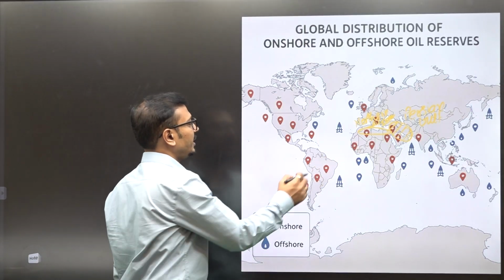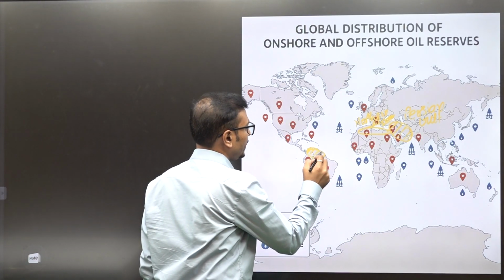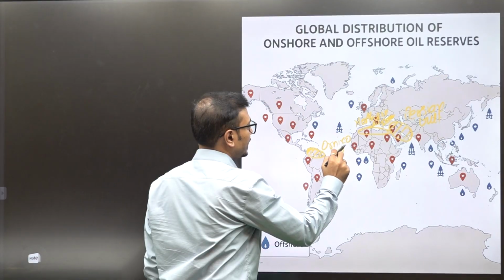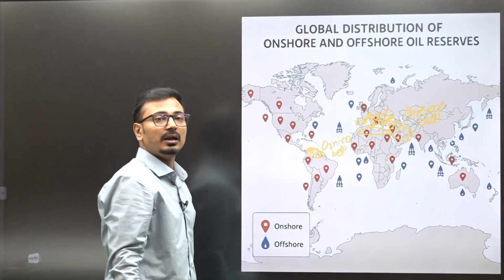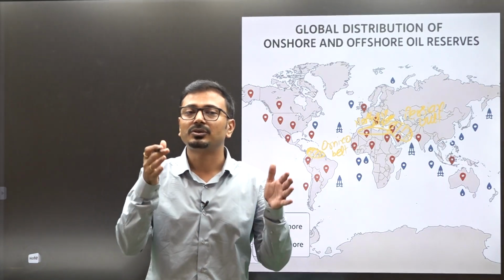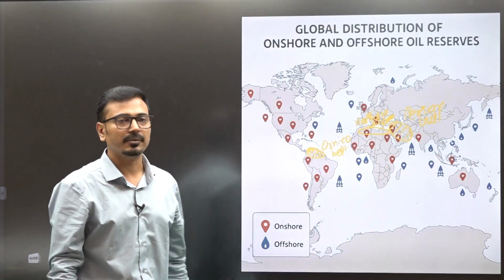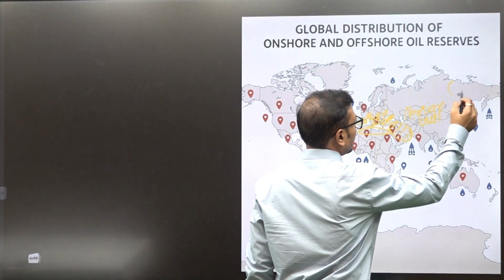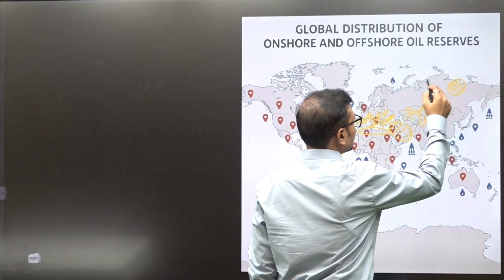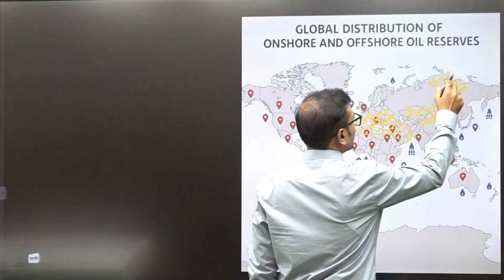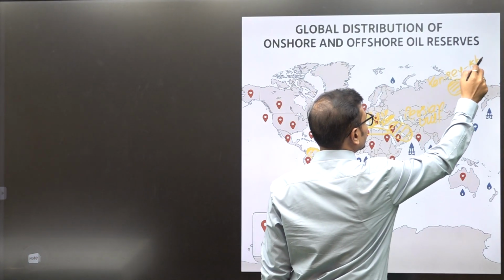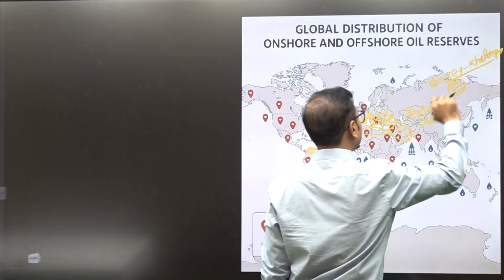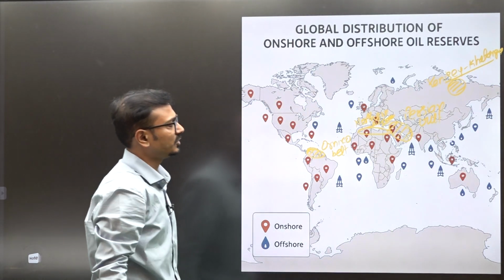Then another area where onshore reserves are there is the Orinoco Belt, the Orinoco River Basin in Venezuela, which has the largest crude oil deposits in the world. Then another region with significant deposits is the Yenisei-Khatanga region, along the Yenisei and Khatanga rivers in Siberia, Russia.